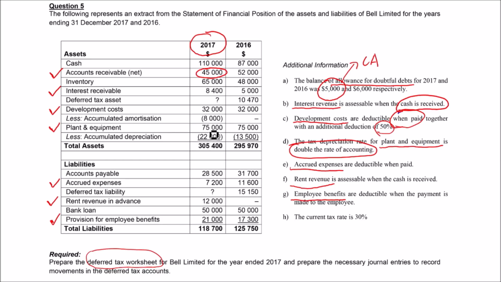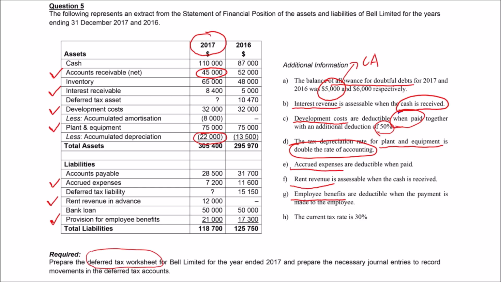We need to go to the balance sheet and take a look at the accumulated depreciation. This is the amount of accounting depreciation. Based on the additional information, the tax depreciation is double of that, which means that if you already recognize $22,000 for accounting depreciation, your tax depreciation will be double of that amount.